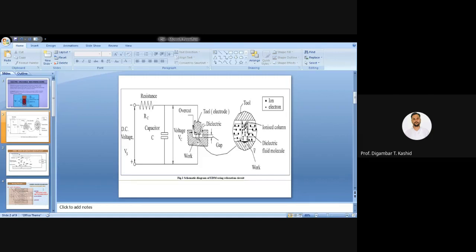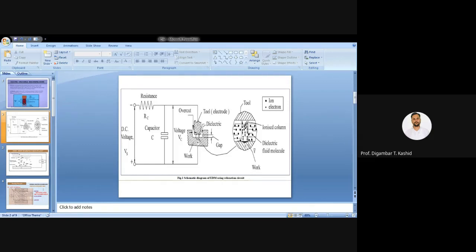Here you can see the spark, shown in black, and this is the spark channel. The cathode, our tool, is normally connected to the negative terminal of the power supply. You can see the tool is connected to the negative terminal of your power supply, so that is why we call the tool a cathode.